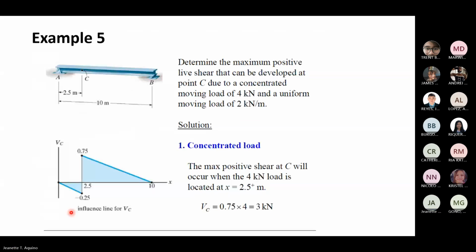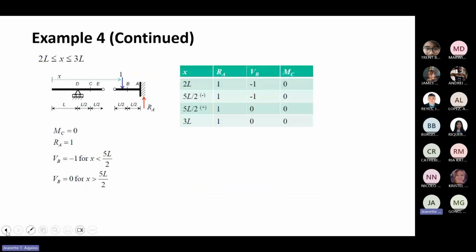Example 5. Determine the maximum positive live shear that can be developed at point C. So we have point C again, due to the concentrated moving load of 4 kilonewton and a uniform moving load of 2 kilonewton. Have we resolved this? Let me check first if we have resolved this earlier. Over here.